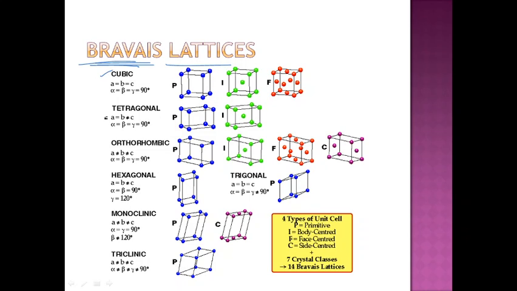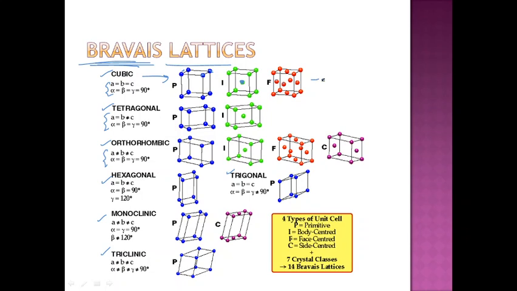So we have said that there are 7 different crystal systems, right? So these are the 7 different crystal systems we know about. They have different relations for their lattice parameters, and within these crystal systems, for example in the cubic system, you can have different arrangements of atoms. You can either arrange the atoms at the corners, then you can put another atom at the center, then you can put atoms at the face centers.